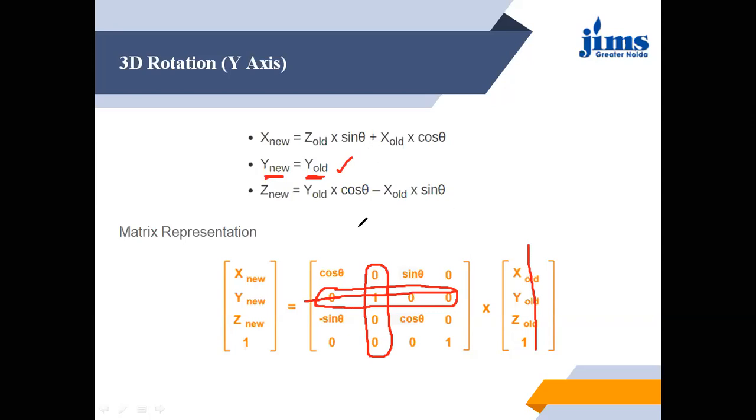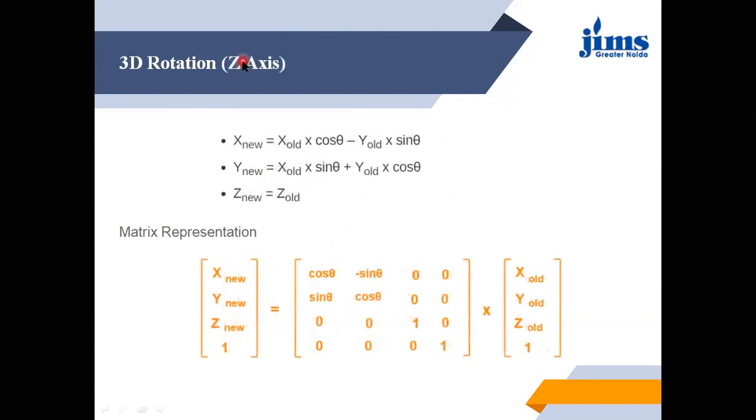Same, we are getting the matrix that is cos theta, sin theta, minus sin theta and cos theta. Same in the case of z-axis, meaning when we rotate this object with respect to the z-axis, the values of the z coordinate remain the same.